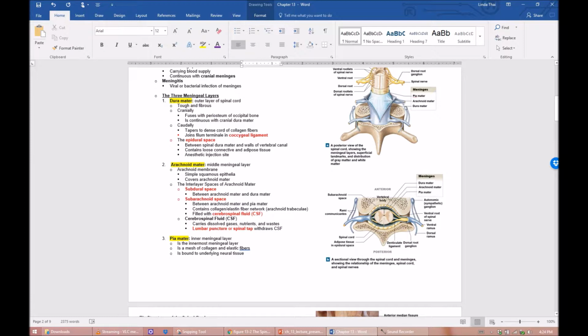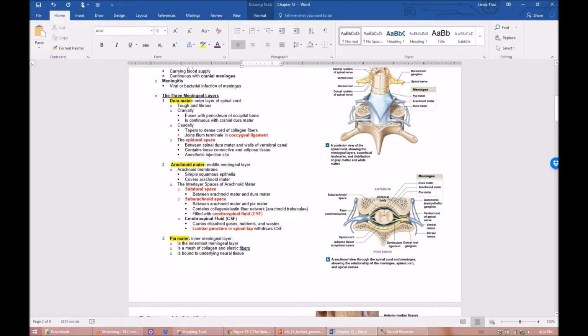When someone's getting a lumbar puncture or a spinal tap to withdraw CSF, they're going to puncture through the dura mater and then into the arachnoid mater to get the cerebrospinal fluid. They are going to want to avoid puncturing the pia mater. If you puncture it, problems will happen. The person will get headaches and possible infection.